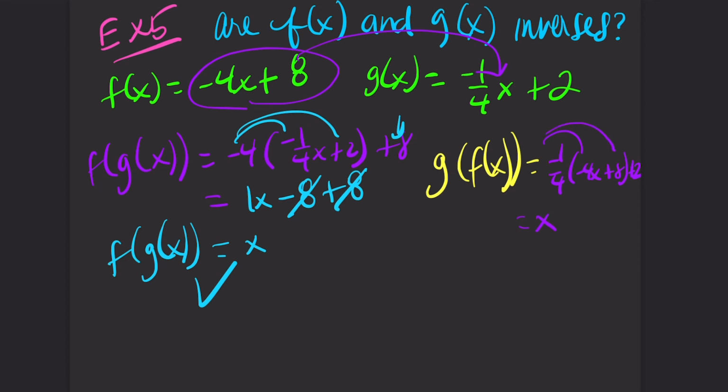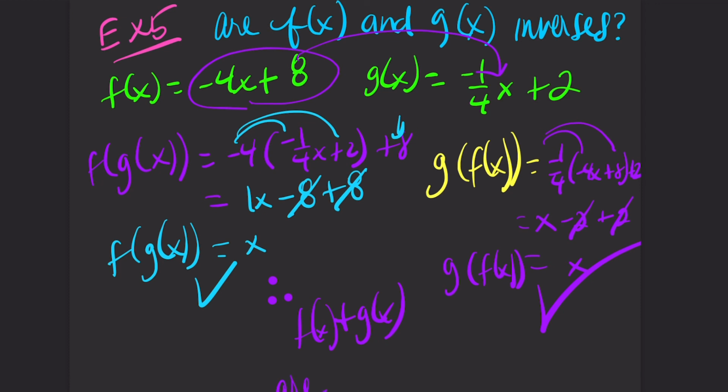Negative 1 over 4 times 8 will be negative 2. I bring down my plus 2. Negative 2 plus 2 is 0, so notice that g of f of x is equal to x. Therefore, f and g of x are inverses.